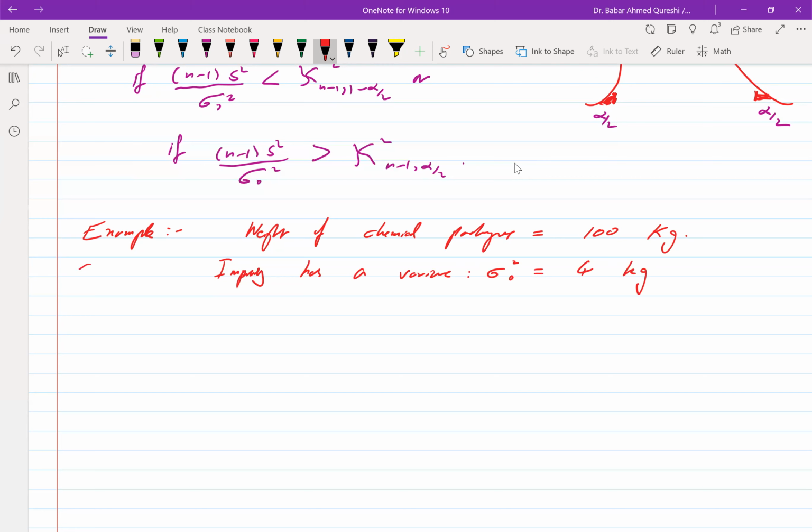This is the claim. Or let's say it's desired that variance of impurities is within 4 kg.